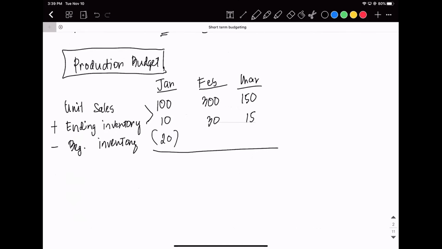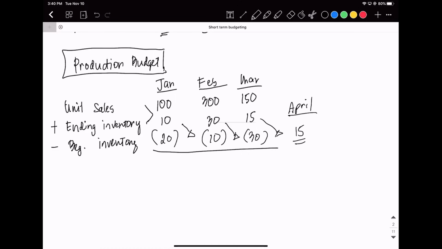So, yung ending ng January. So, this should be 10. And then, of course, 30 dito. Okay. So, ito naman yung ending inventory. Ito yung beginning ng April.